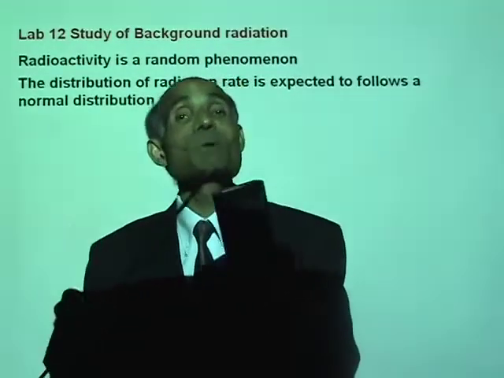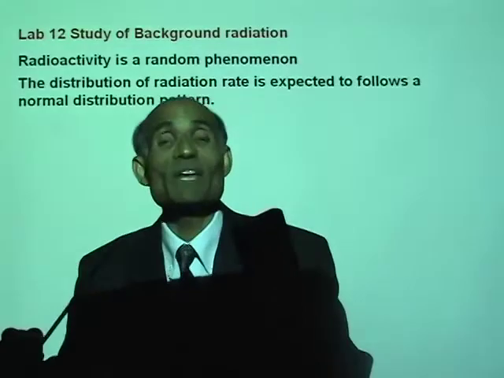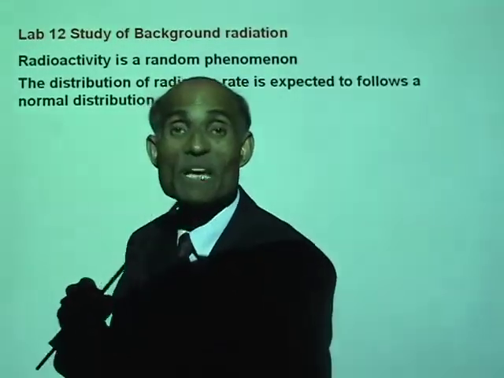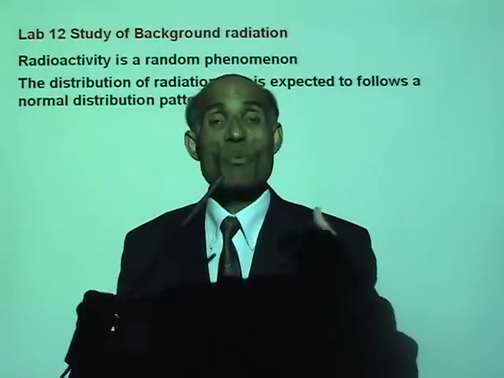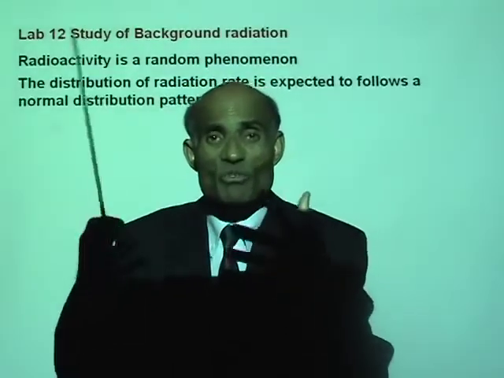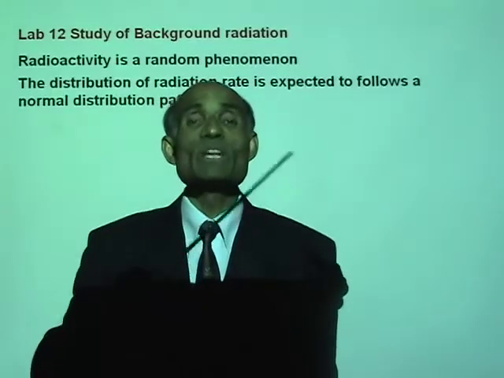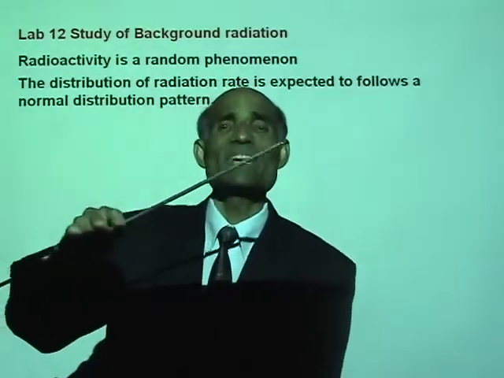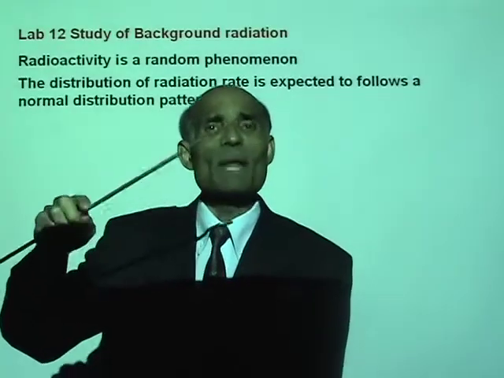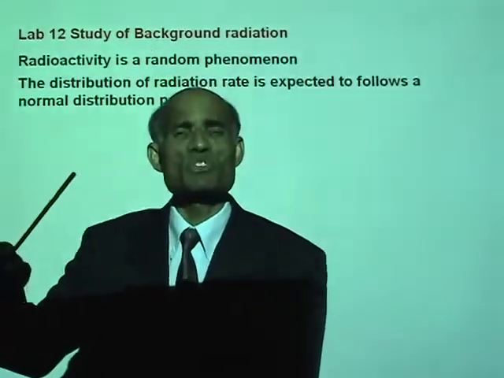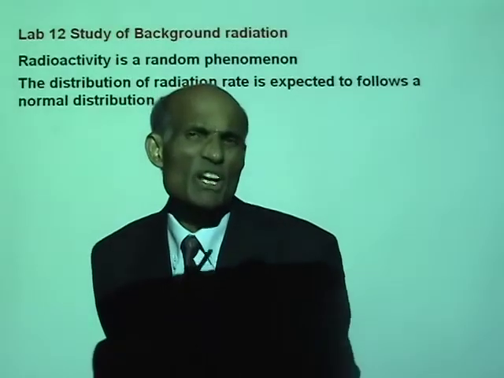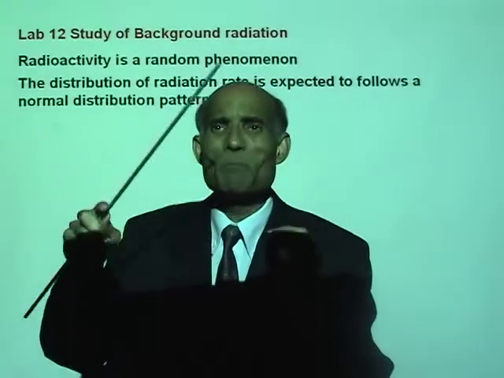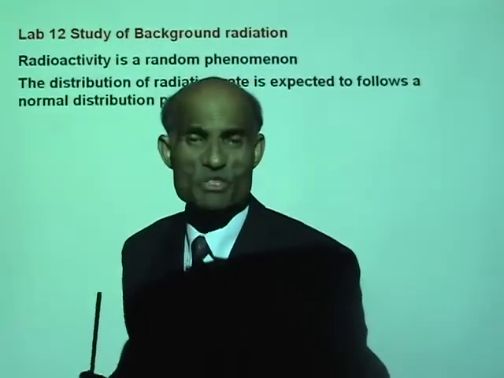No, it will be completely different. Each minute you get a different number. Now, how will they be distributed? One characteristic of a random phenomenon is that they follow a normal distribution. We call it a bell-shaped distribution. If you have heard anything about statistics, you will understand the meaning of a bell-shaped distribution.